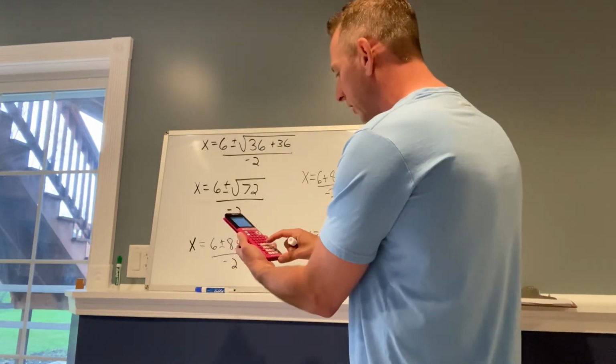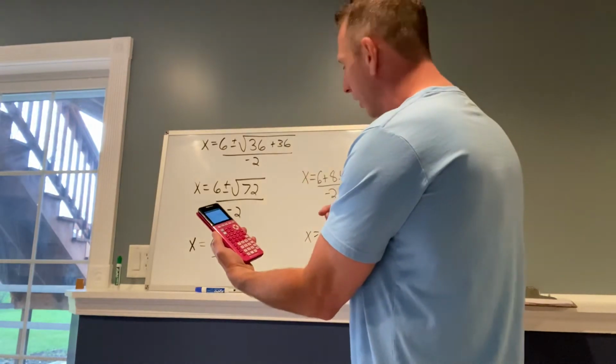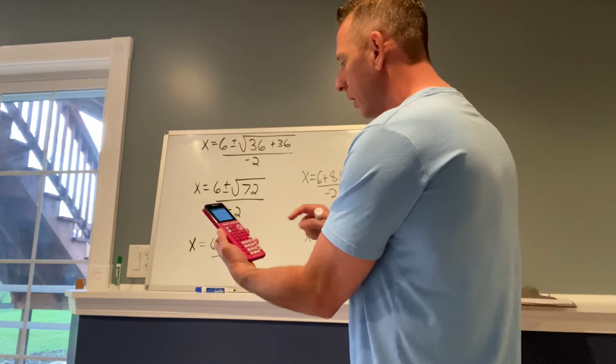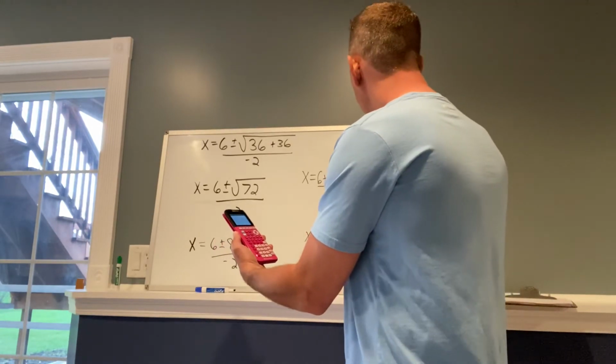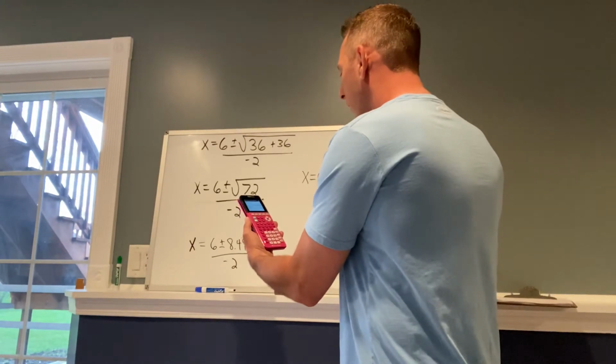6 plus 8.49. I'm going to hit enter first to get order of operations. Now I divide by negative 2. Bam, negative 7.25.